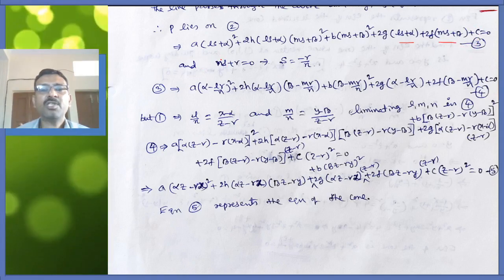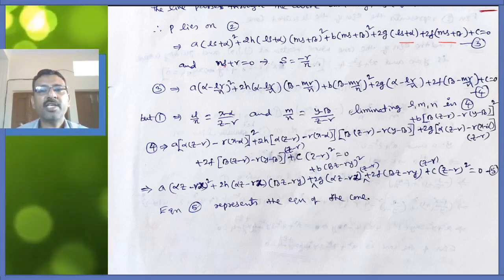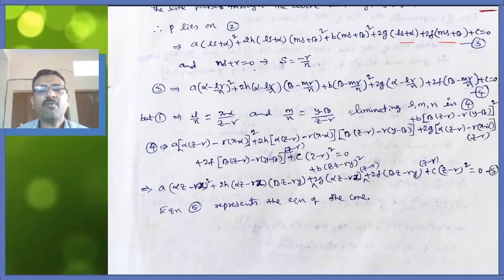And z equal to 0 is replaced by the z coordinate in P, that is ns plus gamma equal to 0.